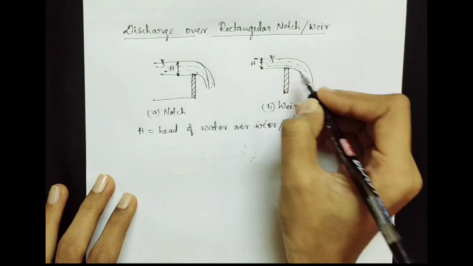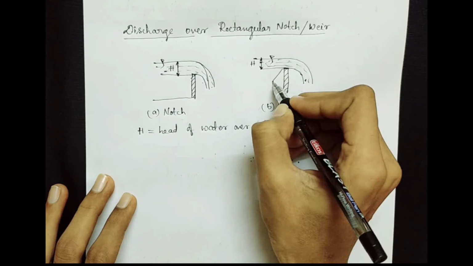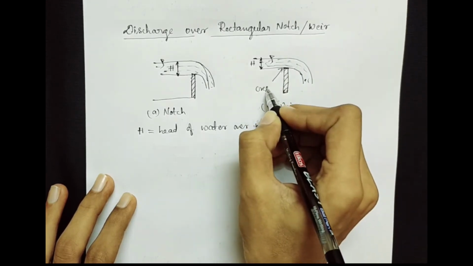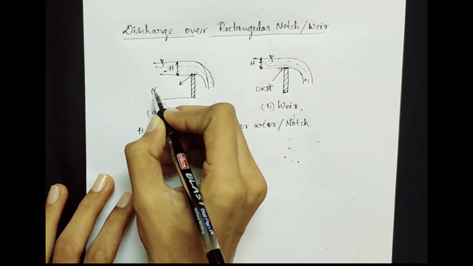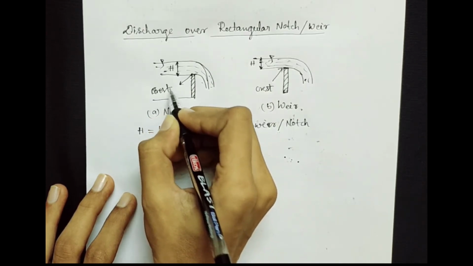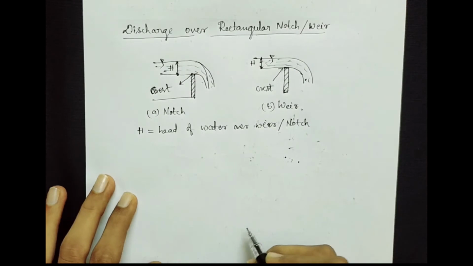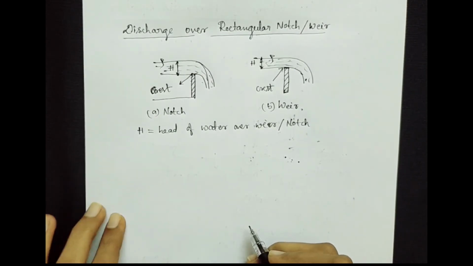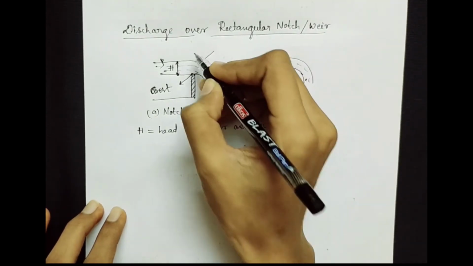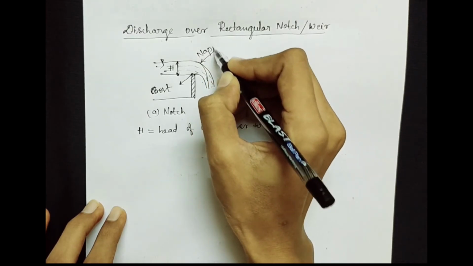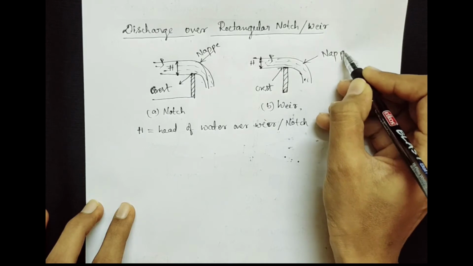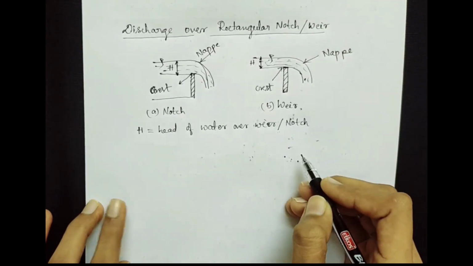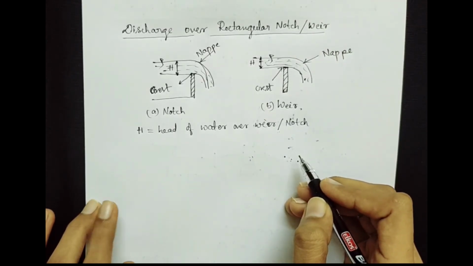The top edge of the weir is the crest, and in case of a notch, the bottom edge is the crest or sill level of the notch. And this is a nappe, which is nothing but the sheet of water flowing over the notch or weir.